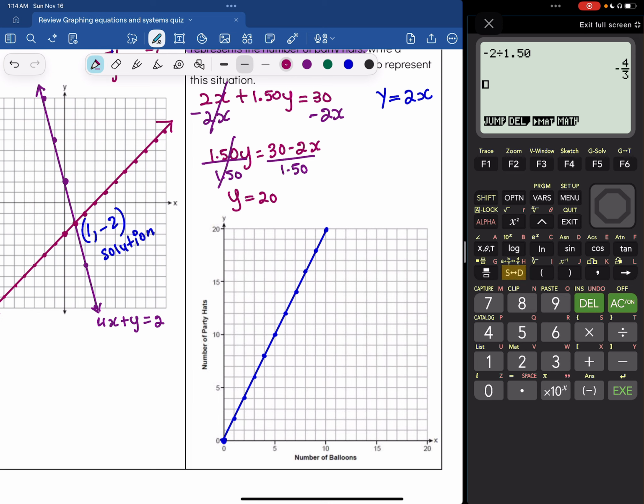We hit SD, -4/3. So y is equal to 20 minus 4 thirds, and don't forget the x, right? 20 minus 4 thirds x. So if I'm graphing this, I'm starting at 20 because 20 is my y-intercept in this equation, all the way up here. And then my slope is -4 thirds. So since it's negative, I know that I'm going down. Top number, numerator is 4, so I'm going down 4, right 3.